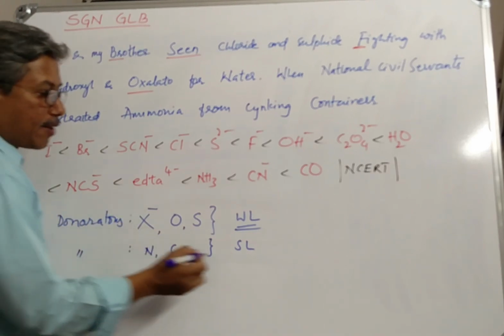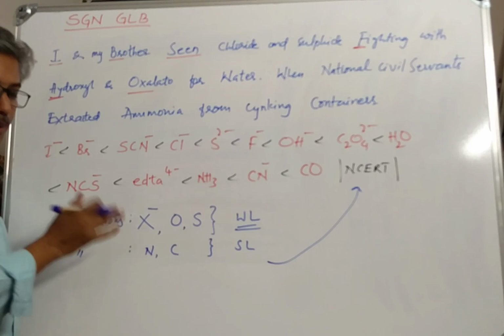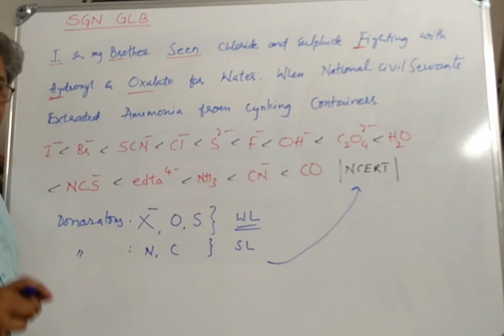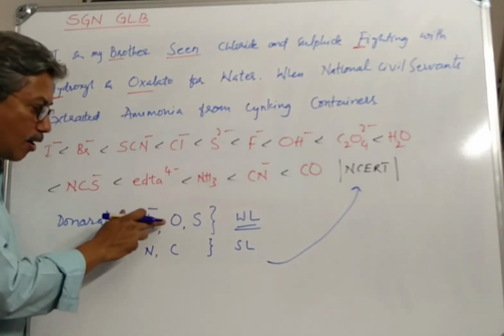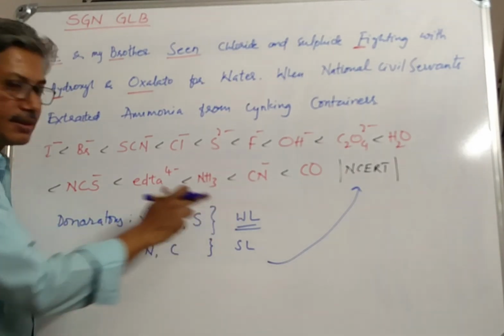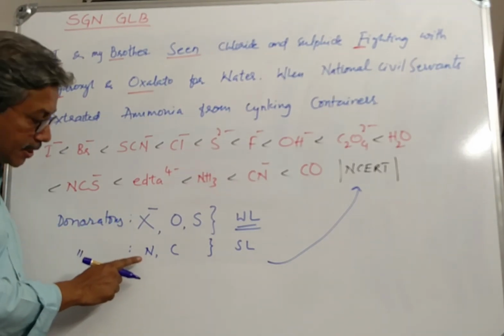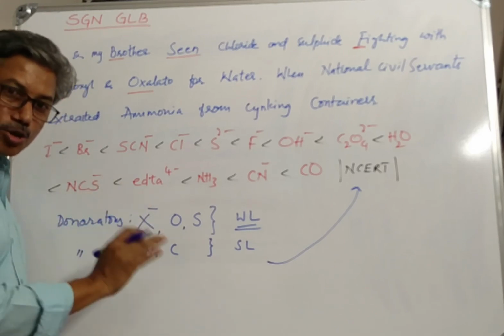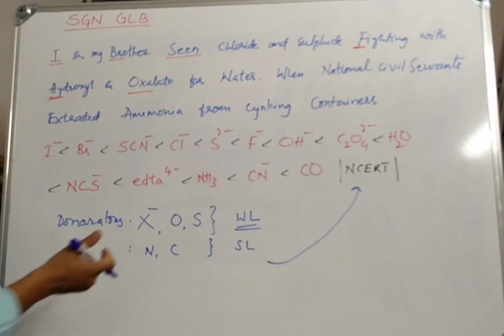This is purely according to the NCERT textbook only. Our discussion is restricted only to the NCERT textbook. Very simple. Just look at the complex, then you will be able to understand it.